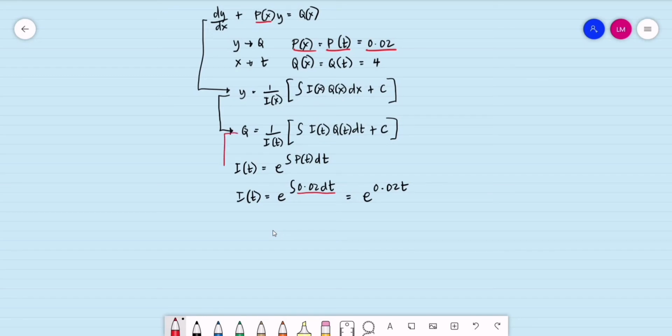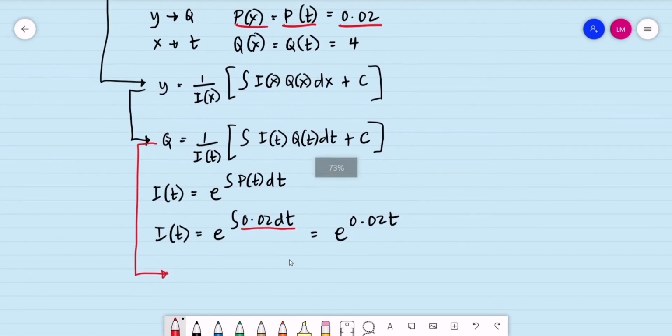Okay, so from this equation, we have Q is equal to 1 over our integrating factor, e raised to 0.02t, to be multiplied by the integral of I of t. What is the I of t?